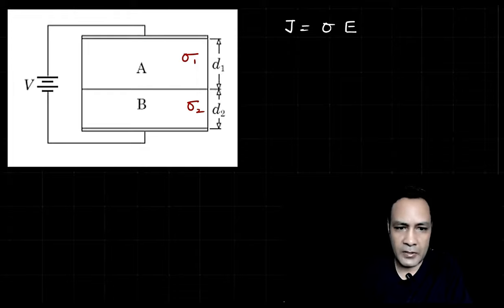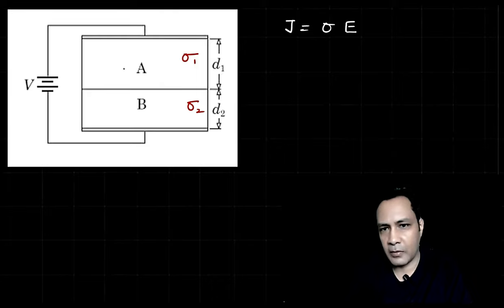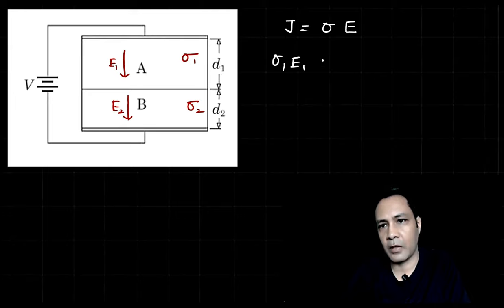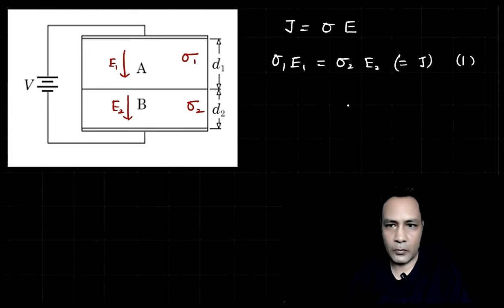Because J is the same, if in material A the electric field is E1 and in material B the electric field is E2, we can write J in material A as sigma 1 E1 and J in material B as sigma 2 E2. J is actually not required, but it is needed for the relationship between E1 and E2.